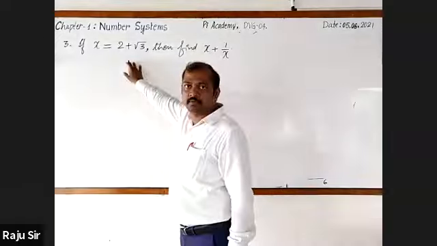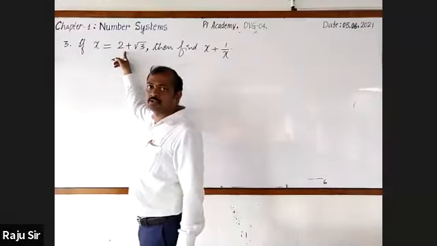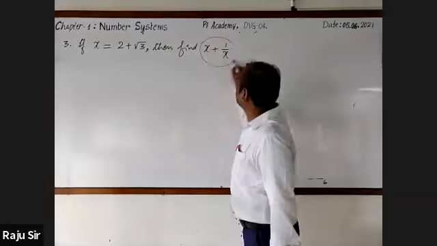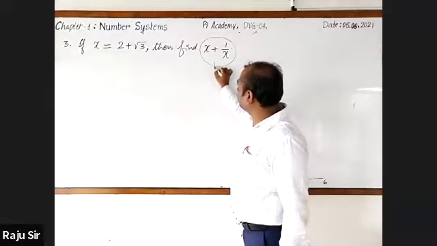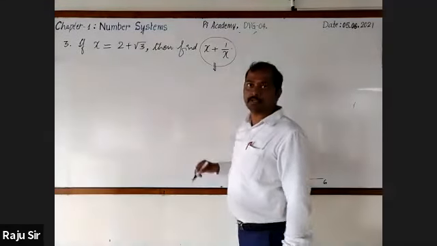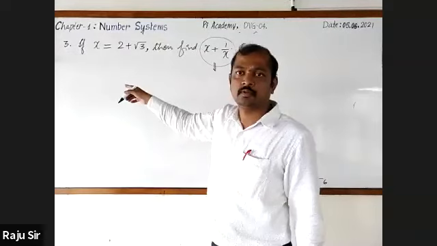Here x is given. Shreyas, x is given here. It is 2 plus root 3. You are going to find out the value of x plus 1 by x. If you want to find out the value of this, you must know 1 by x. Have I given 1 by x? No, sir.